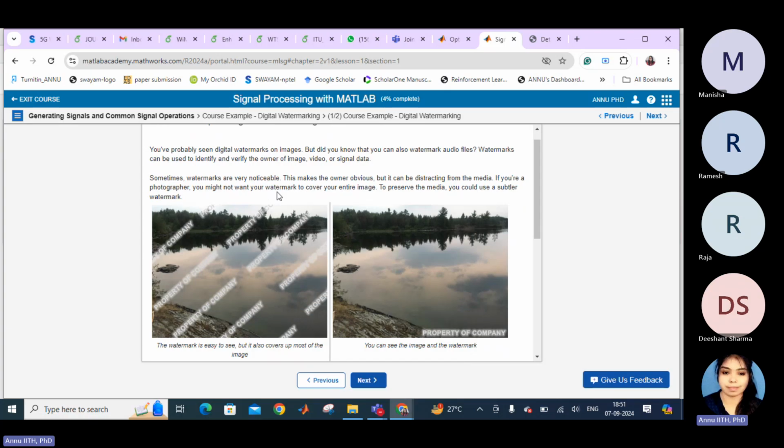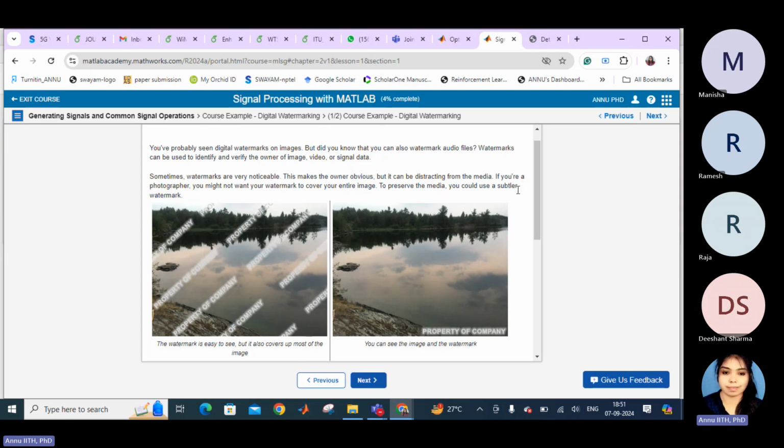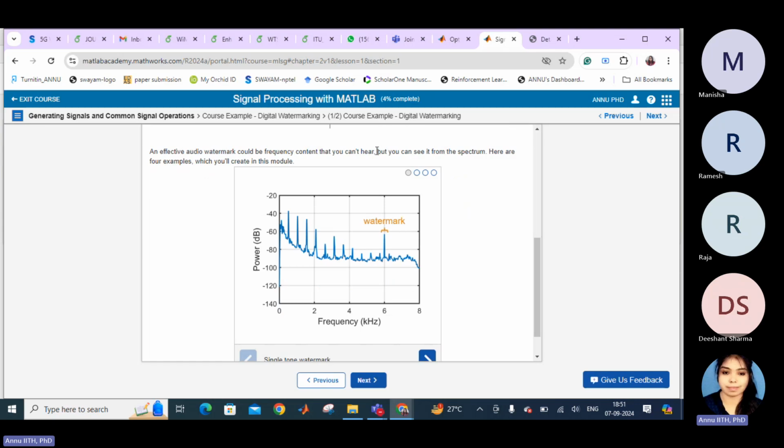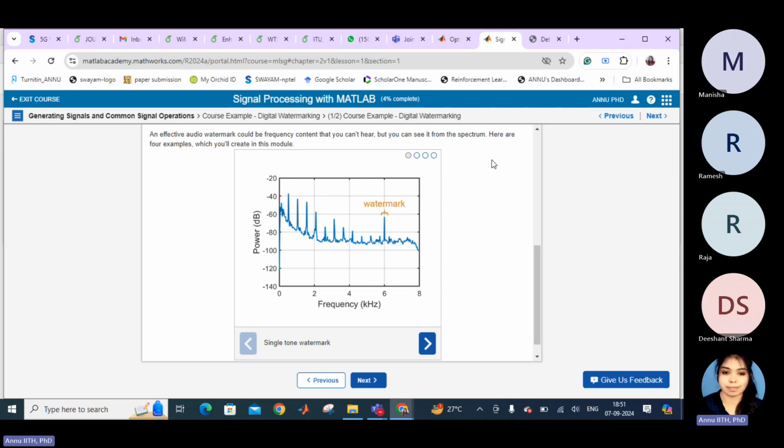To preserve the media, you could use a subtle watermark. An effective audio watermark could be frequency content that you can't hear, but you can see from the spectrum. Here are four examples which you will create in this module.